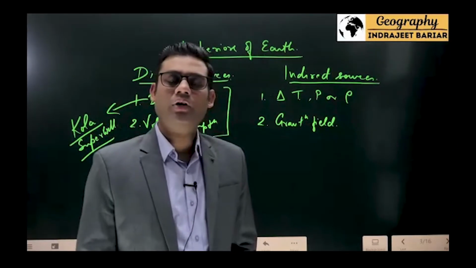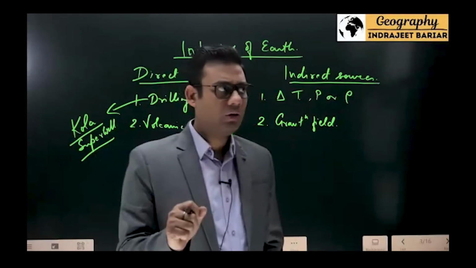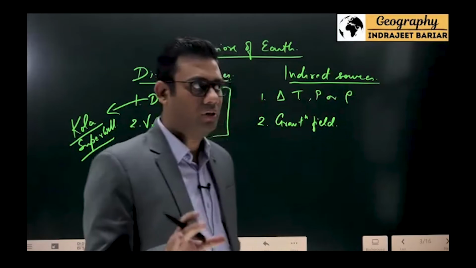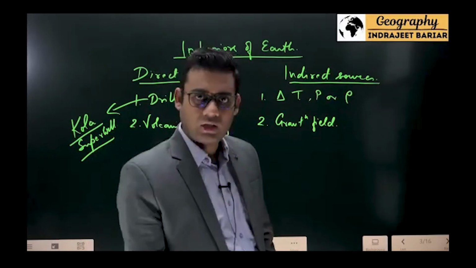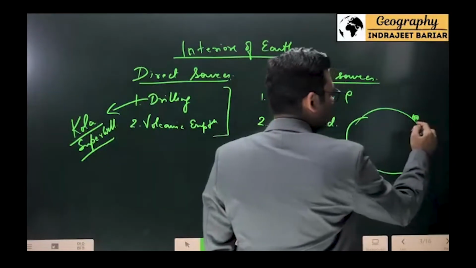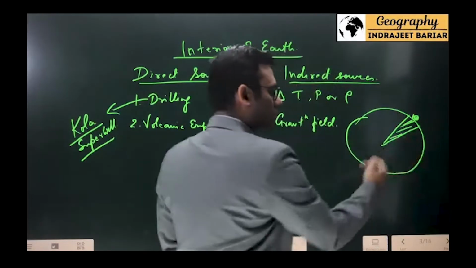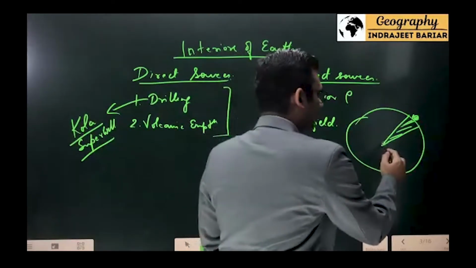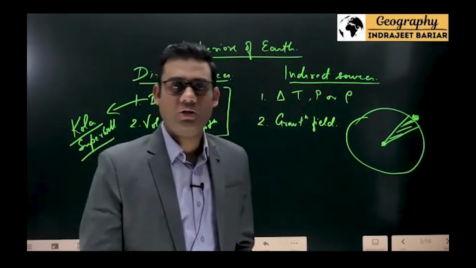Now, the gravitational force at different points on the Earth would be different. And that gravitational force would be purely dependent on the mass of the material underneath it. So you have the Earth, if you are talking about the gravitational field at this point, whatever is the mass of the material underneath this, up to the center of the Earth, this mass is going to impact the gravitational field.